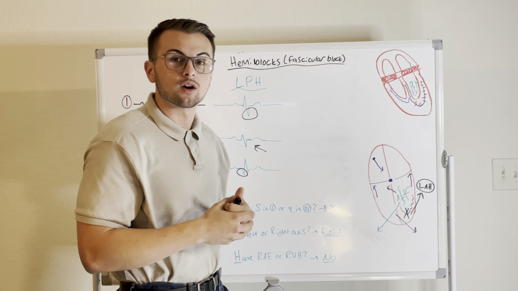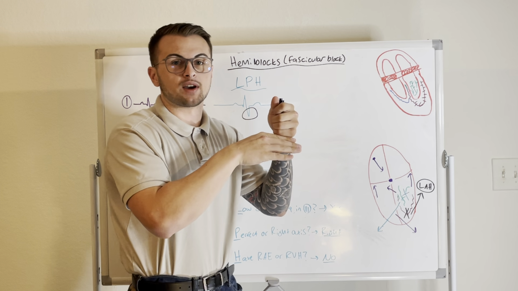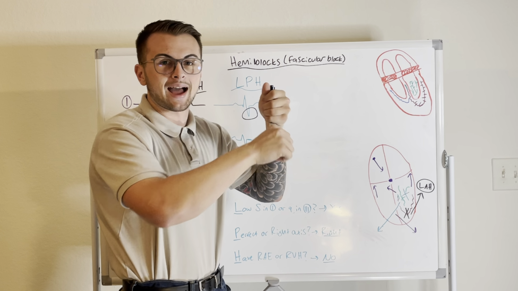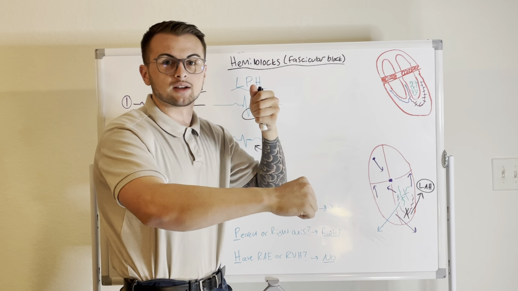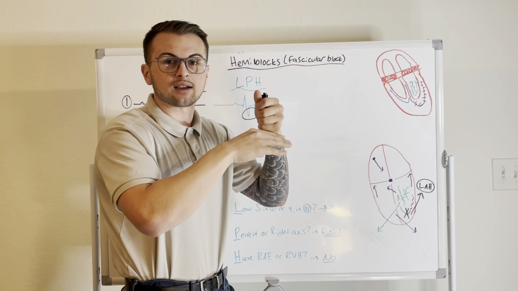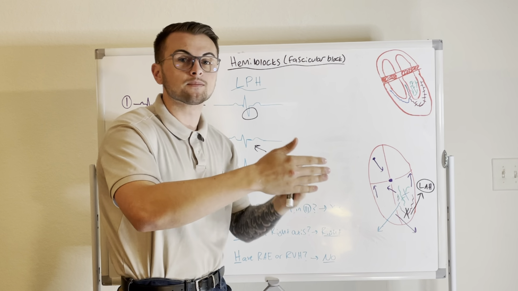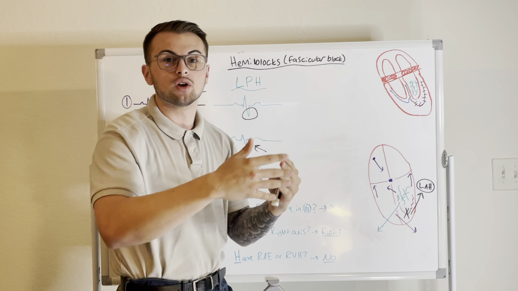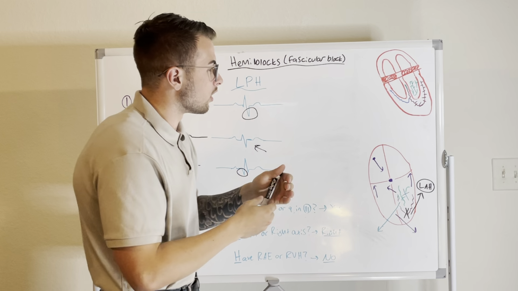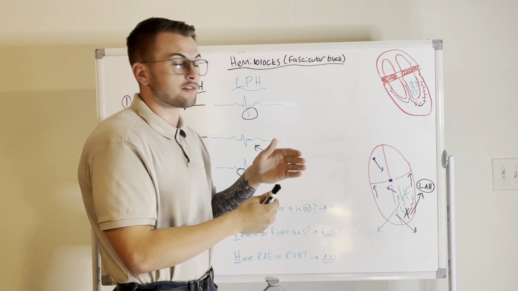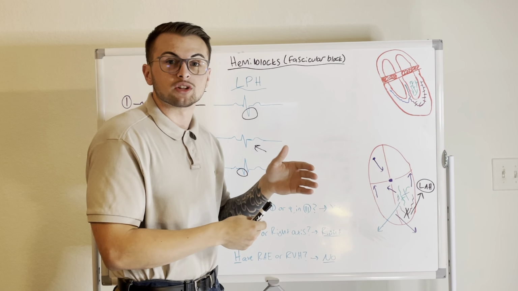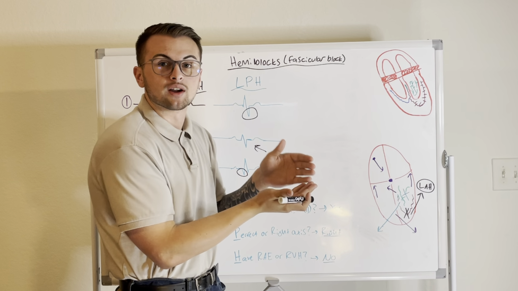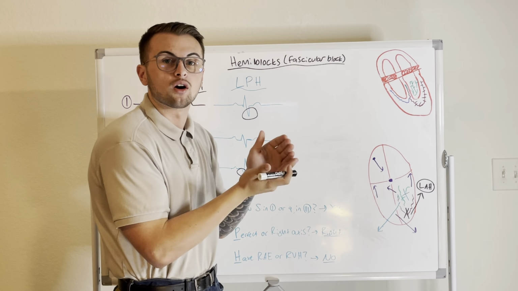Well, we already know that the left anterior fascicle is sort of compact. It's sort of like a single string. So it electrically activates the anterior, the lateral, and the superior aspect of our left ventricle. And our diffuse or more spread out left posterior fascicle electrically activates the inferior and posterior aspect of our left ventricle.